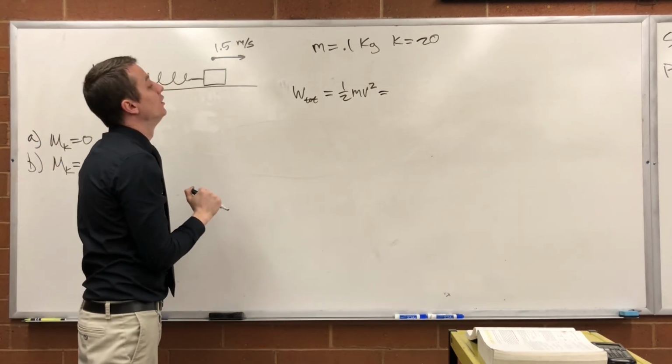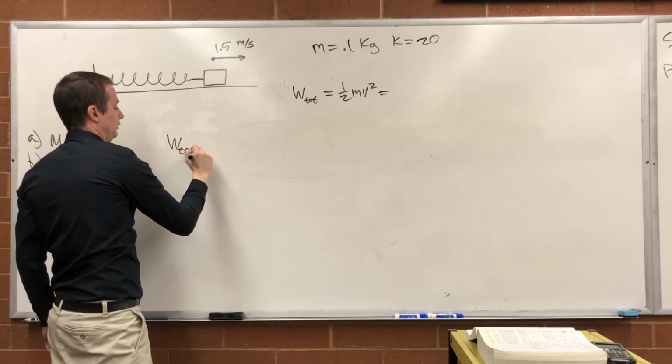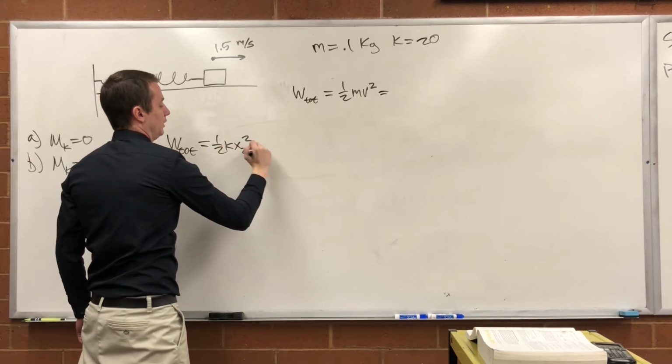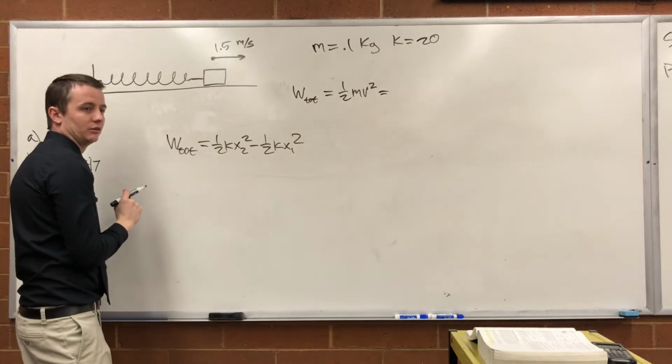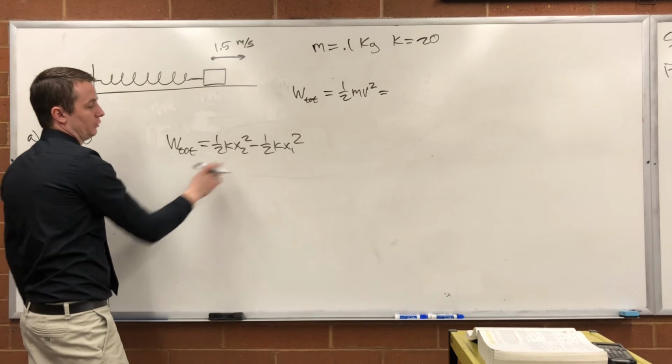When we're talking about springs, work total is equal to 1/2 k x2 squared minus 1/2 k x1 squared. We just use that equation twice. So the total work is also equal to this.